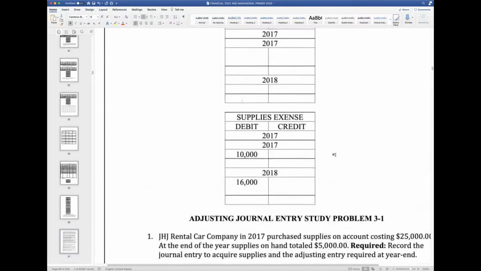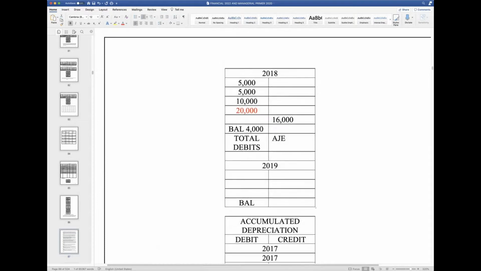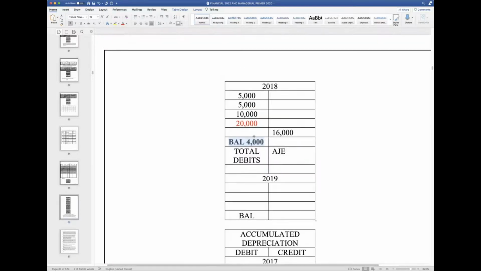When it tells you what's on hand, you put it right here. That's what's on hand at the end of the period. Once they tell you that, you know that this number has to be a number that when subtracted from whatever is above this will yield this. Any questions?